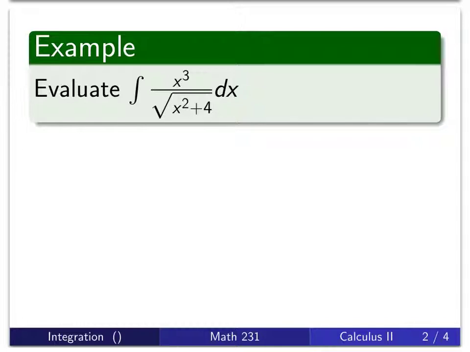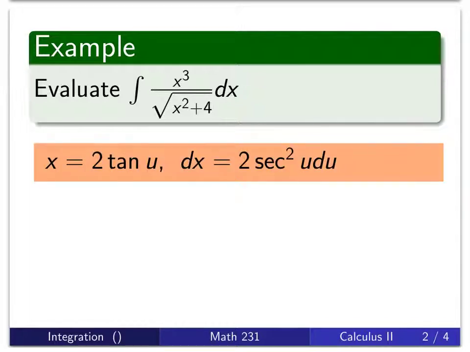Our example is the integral of x cubed over the square root of x squared plus 4. As we saw in the previous slide, we want to choose x to be equal to 2 times the tangent of u. Then we need to find dx, and all we have to do is take the derivative.